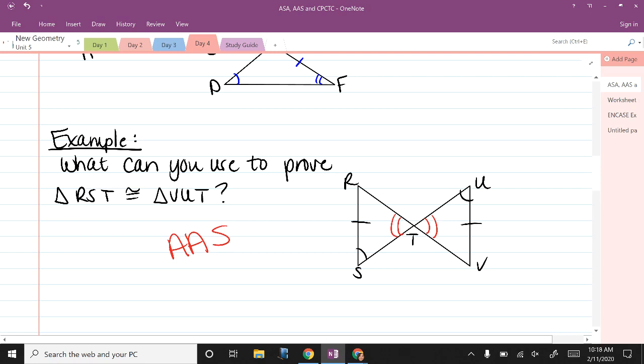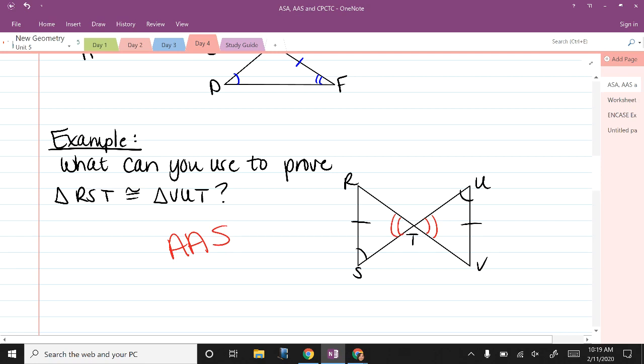So all you're doing is telling what reason you can say those triangles are congruent. Now, it might not be possible. So they might not be congruent. You might not have enough information to say they're congruent.